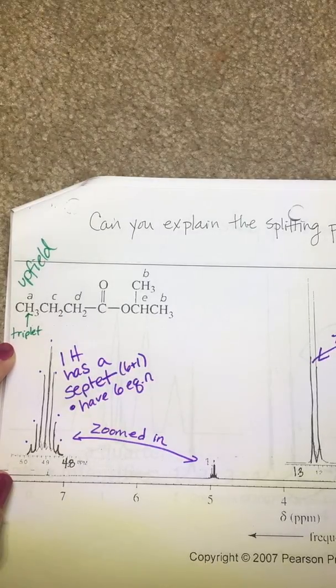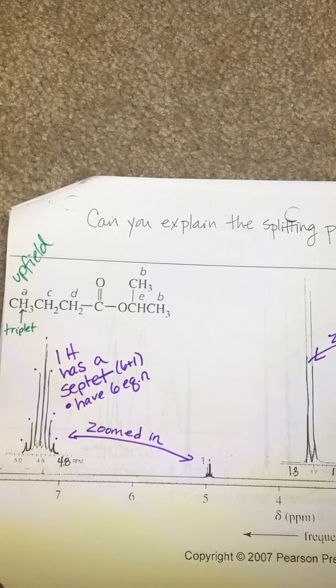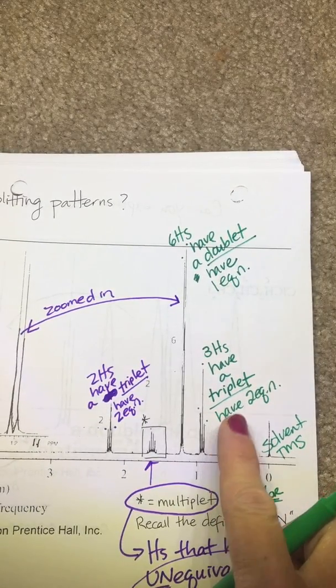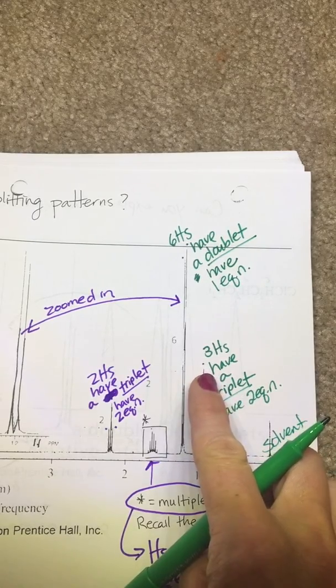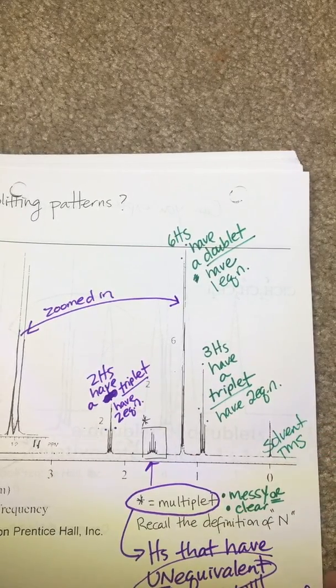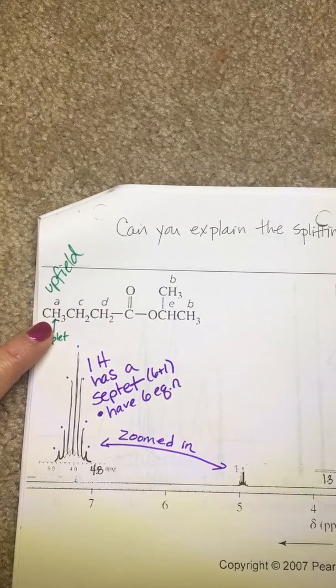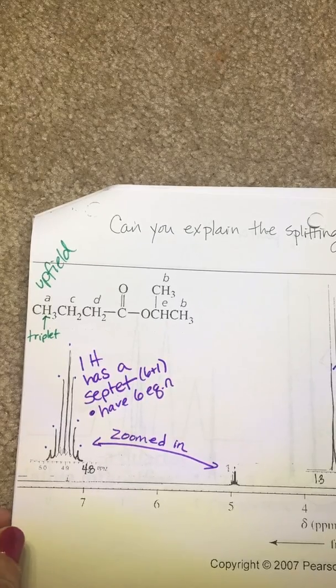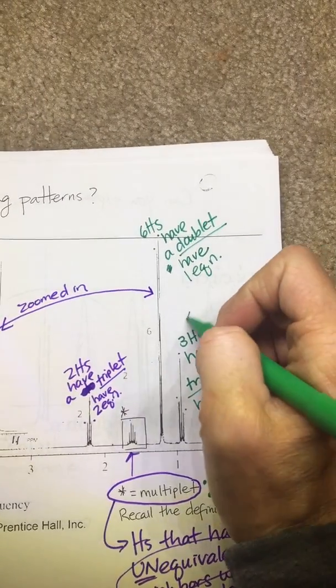Do we have a triplet that's upfield? Guess what? Yay, we do. That is our 3 hydrogens that have 2 equivalent neighbors. And that's what we're seeing right here. These are our A hydrogens.